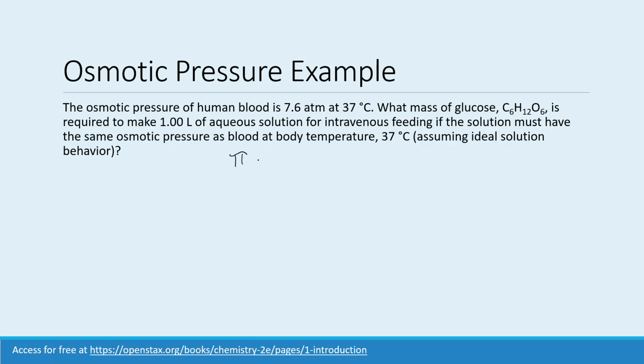Okay, so we're going to need that osmotic pressure equation, which is equal to the concentration in molarity times your gas constant R times your temperature in Kelvin. And so R, we know, has to be that 0.08206.